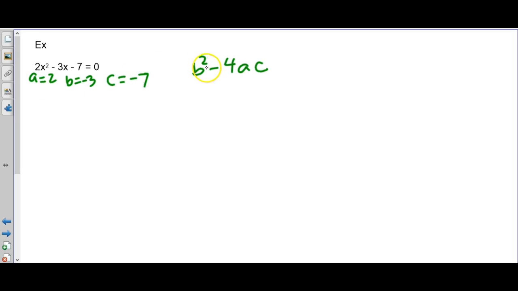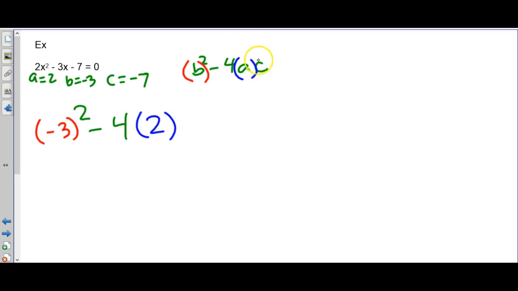Now that we know each of these, we plug them into the formula. Where I see the letter b, I'm going to replace that with -3, still squared. We still have -4, then we replace a with 2 and c with -7.